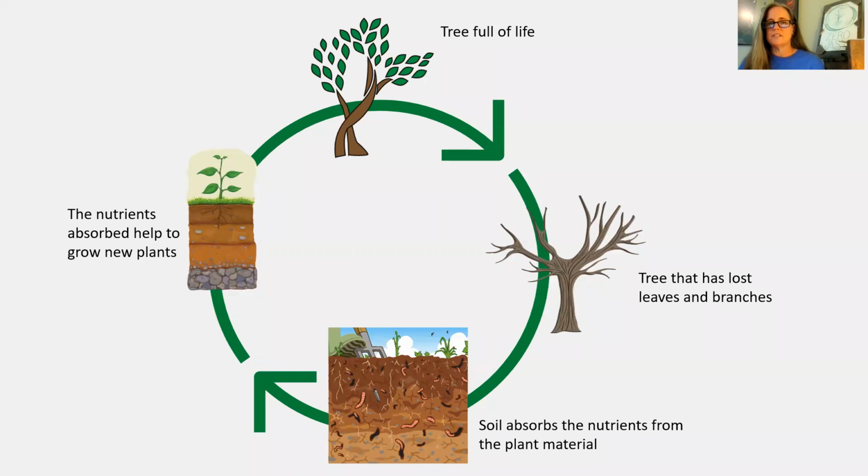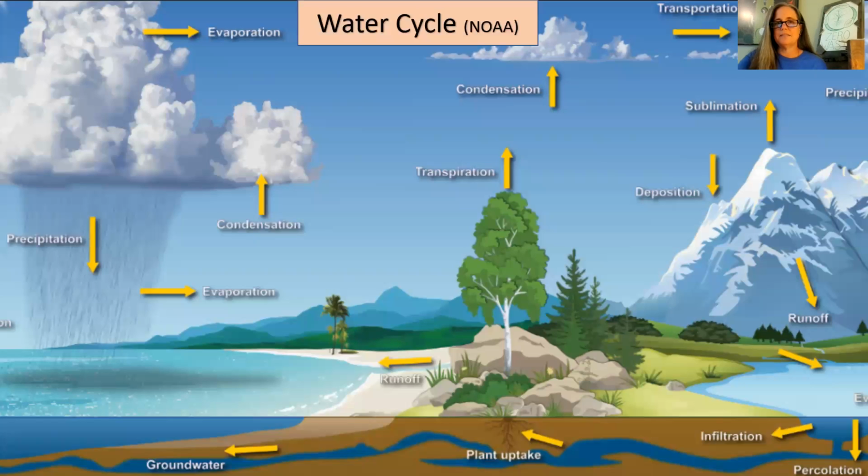Here is a graphic just to explain it a little bit more, how we have a tree full of life, and then the tree's leaves and branches and some limbs fall down. The soil absorbs the nutrients from that plant material, and then the soil is what grows new trees and new plants. So it's just a continuous cycle. And this is just a really good example of how nothing in nature is wasted, and nature just has these cyclical systems of resource use that we should try to also do in our day-to-day lives.